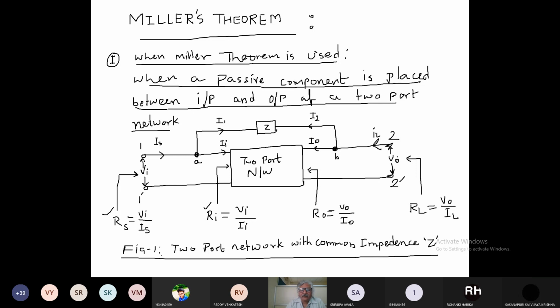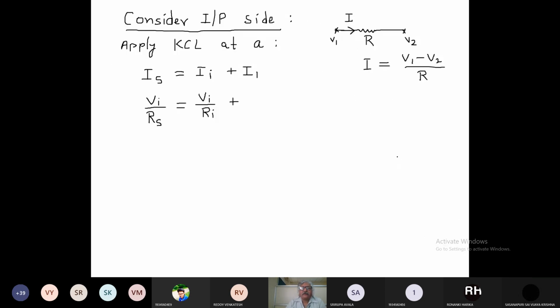So V1 is our Vi and V2 is our Vo. In this way we can write this.